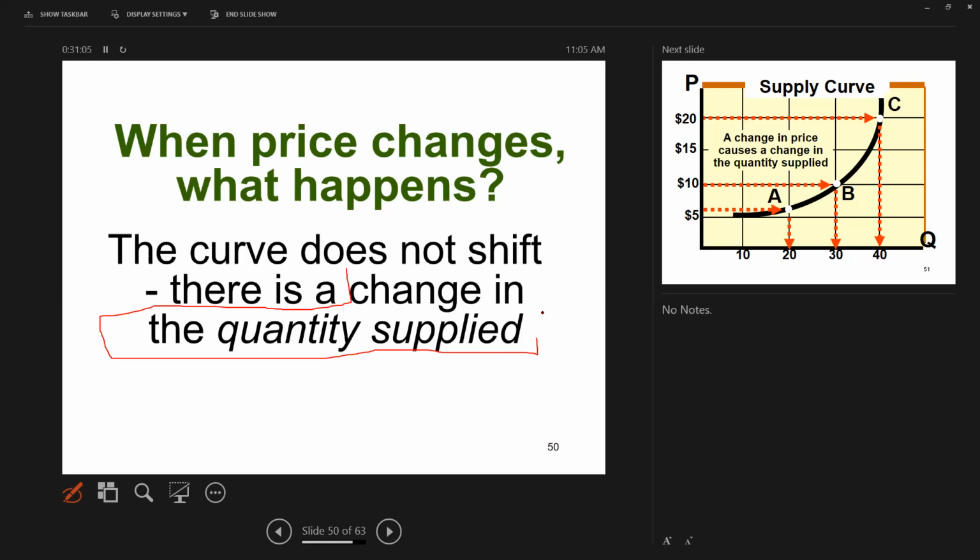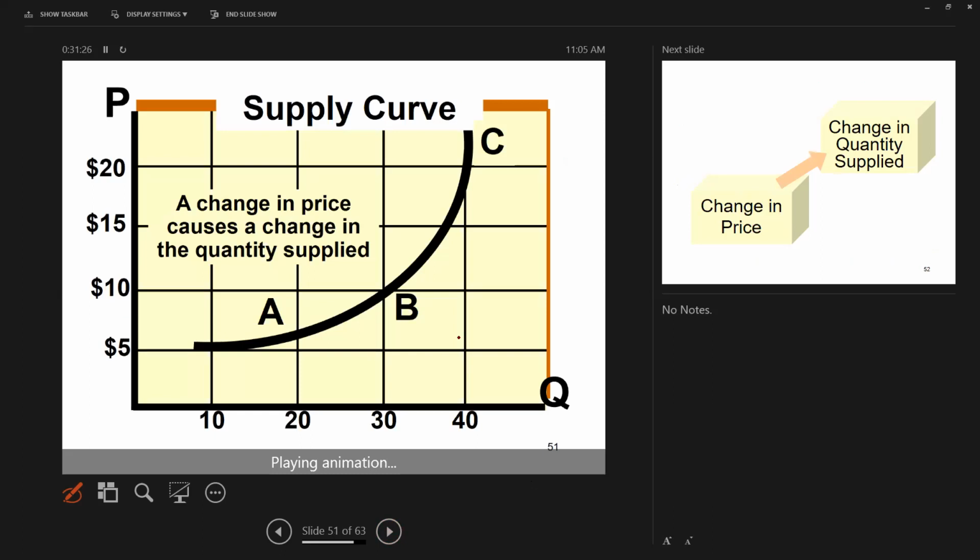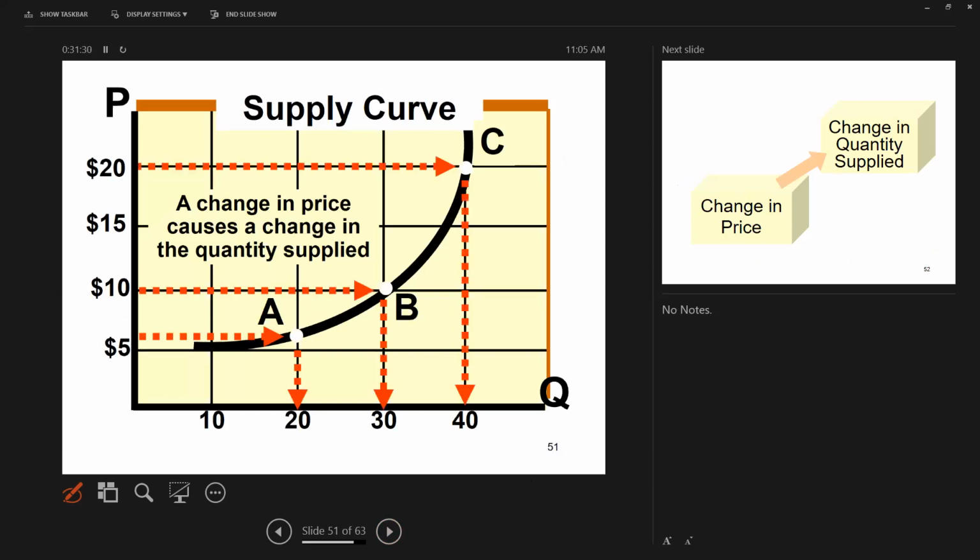So whenever you hear a change in the quantity of something, supply or demand, you know that the only thing that could cause that is a change in price. And a change in the quantity supplied, just like the change in the quantity demanded, is represented by a movement up or down the curve. So here we had a price of $6 and we raised it to 10.